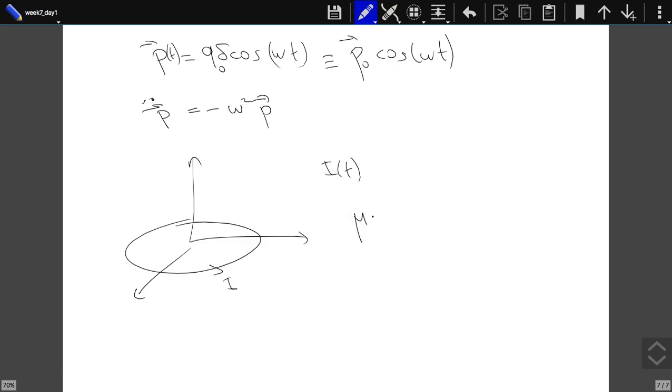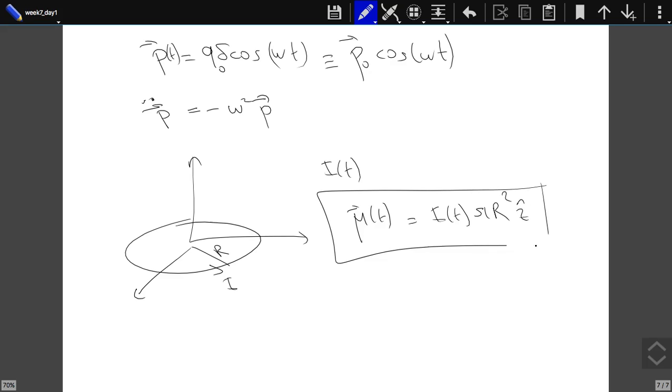You can define a time-dependent magnetic dipole moment as, let's say the radius is r, I of t times pi r squared in the z direction. In the remaining time this week, we will be mainly studying some arbitrary charge distributions. But in this system, you don't have an electric dipole. You only have a magnetic dipole.